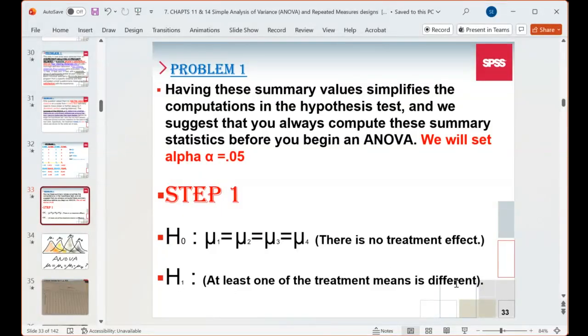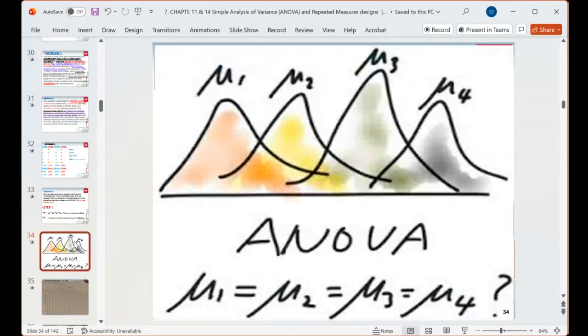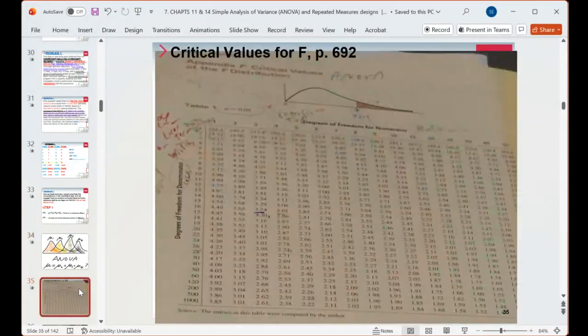Step 2, the researcher's hypothesis or alternative, we say at least one treatment is different than the others. So we have 4 treatments, and D, the effect size. If it's a big difference, you're going to see large distances between them. But if there are no differences, they're all going to come together, and you see only one. They all have the same mean. That's how you visualize it.